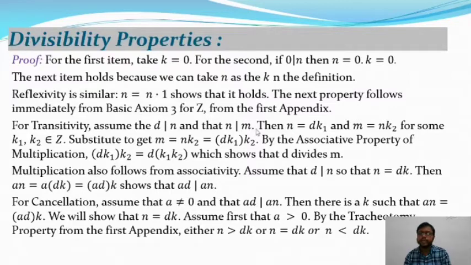Now substituting n in the second equation, m is equal to n into k2. From this we get m is equal to dk1 into k2, where n is equal to dk1.